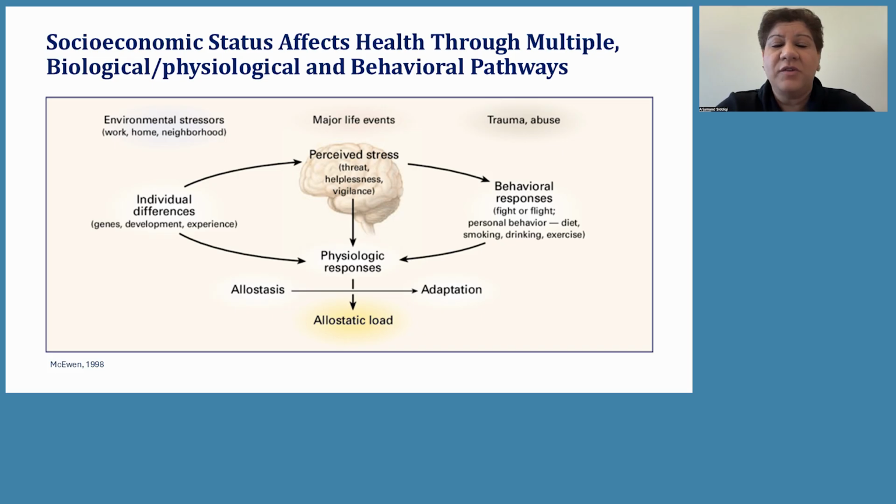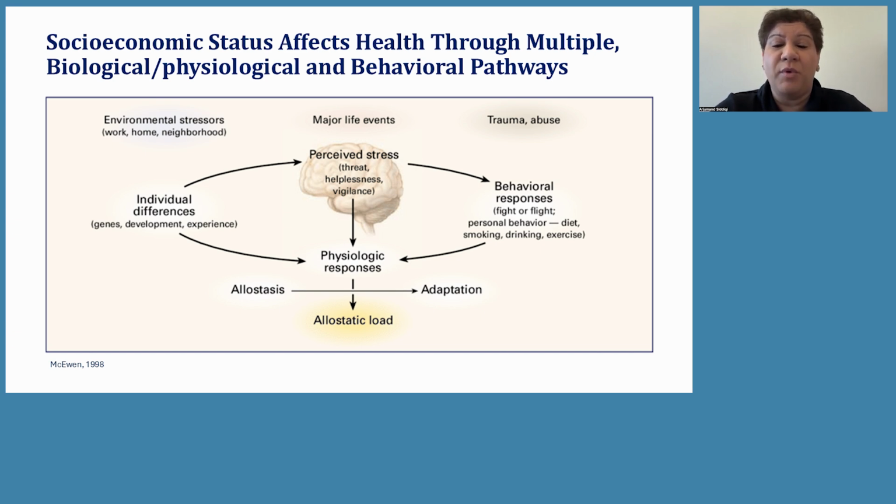So if you look at the top line of this framework, you see environmental stressors, major life events, trauma, and abuse. Those are effectively what he looked at as sources of external stress or strain. These are the social conditions and how they manifest.